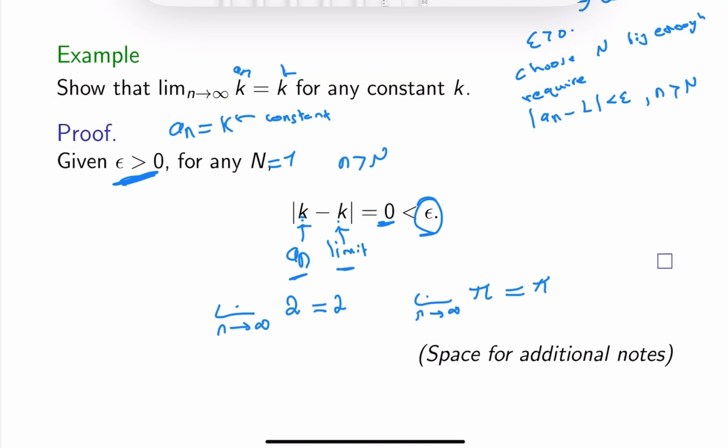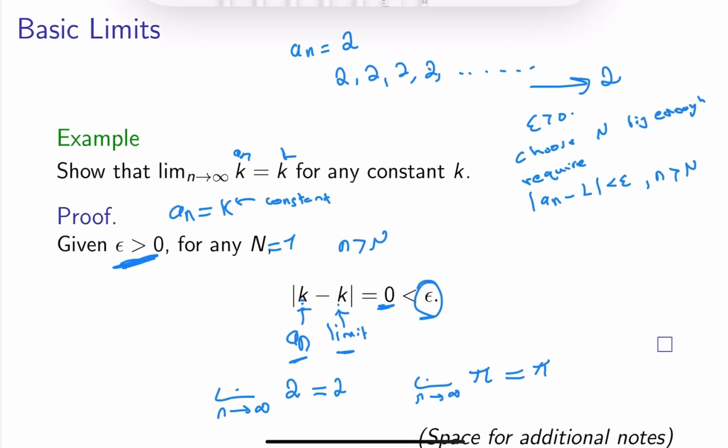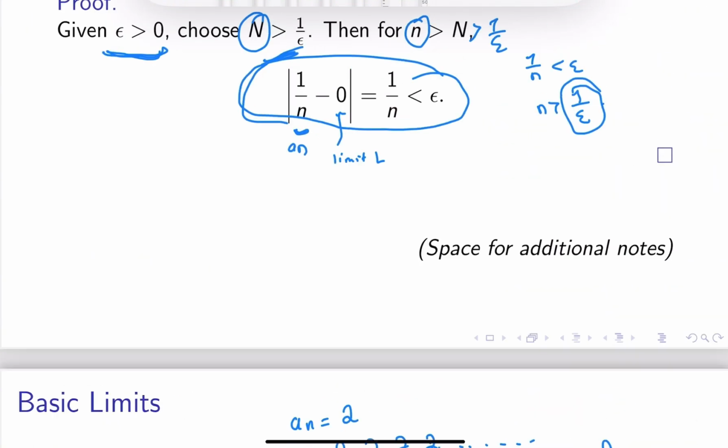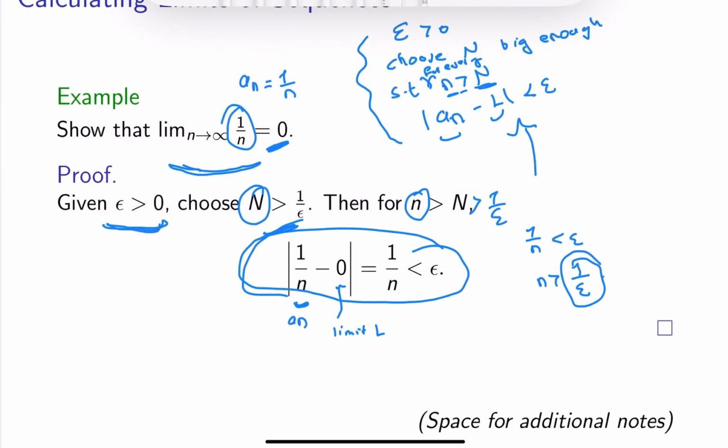But the important things that we could prove, for example, are the fact that the limit of a constant is a constant, and the limit of 1 over n is 0.